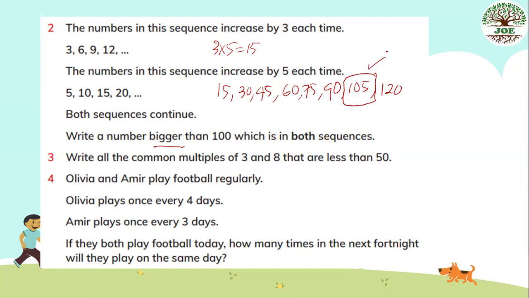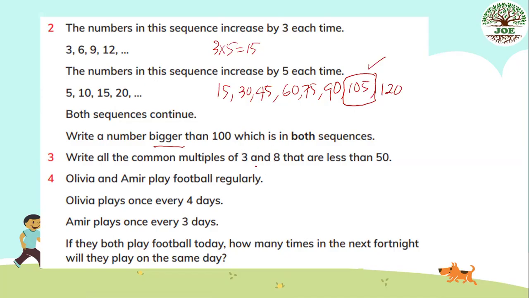So write all the common multiples of 3 and 8 that are less than 50. At the same time, we can do just like number 2.